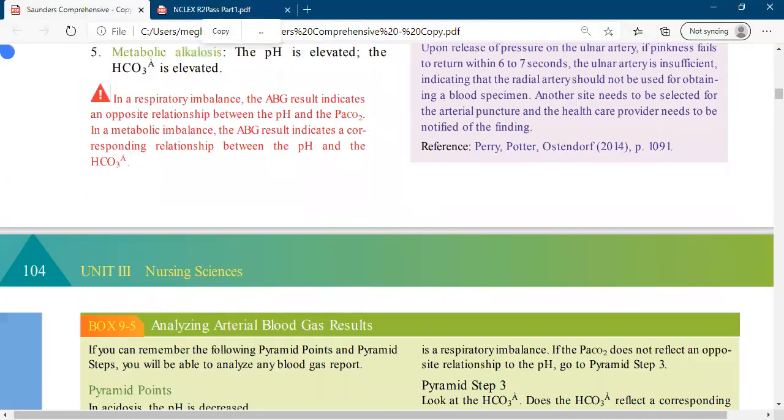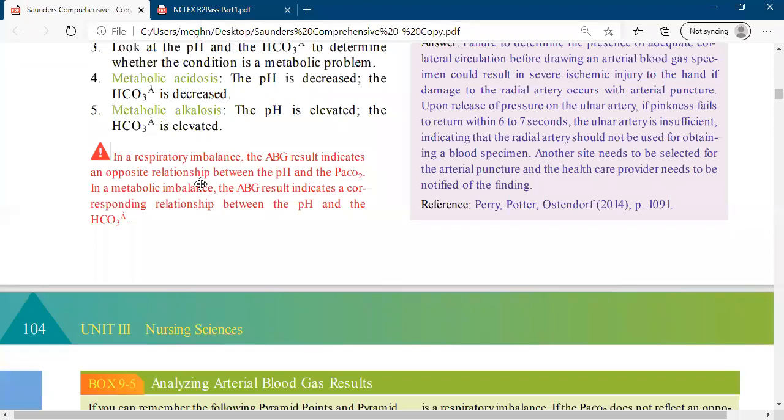In the red line, in respiratory imbalance, they said the blood gas analysis result indicates an opposite relationship between pH and partial pressure of carbon dioxide. In a metabolic imbalance, the blood gas analysis indicates a corresponding relationship between pH and bicarbonate ion.